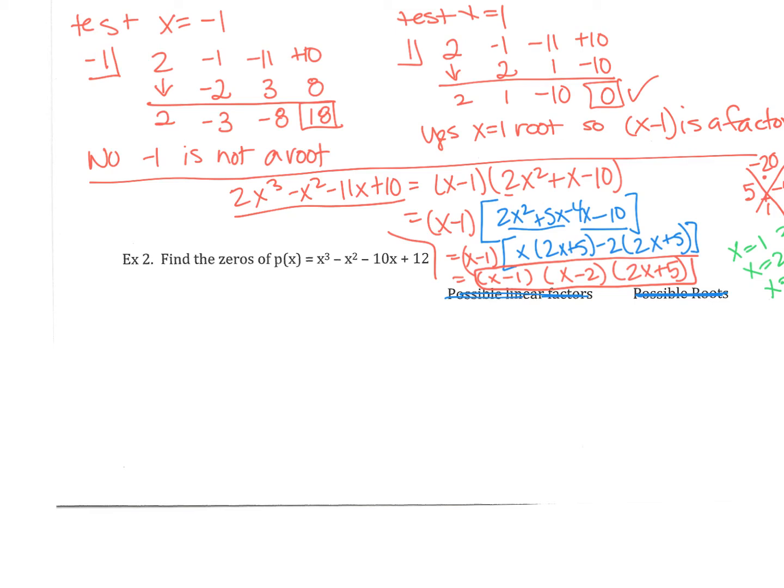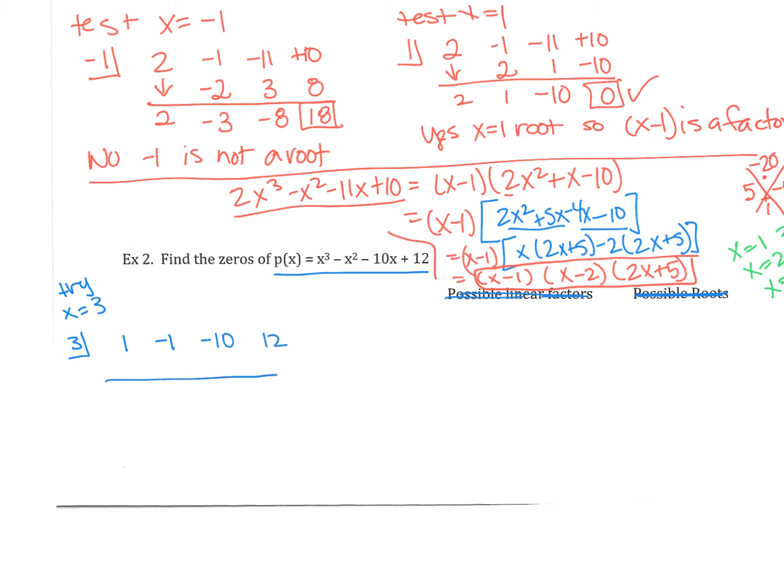But for this problem, we're going to try x equals 3. We're going to try x equals 3 and see if it's a factor of my polynomial x cubed minus x squared minus 10x plus 12. So let's test it, shall we? My coefficients are 1, negative 1, negative 10, and 12.